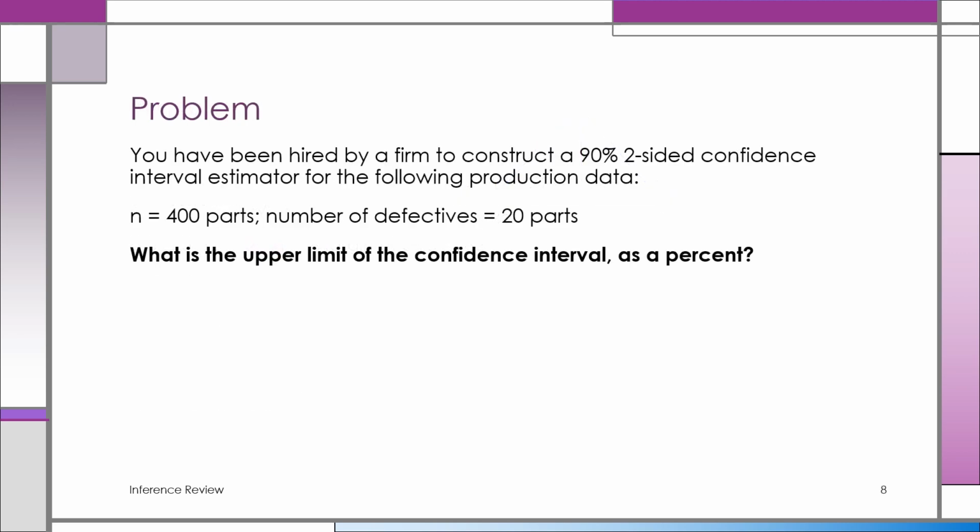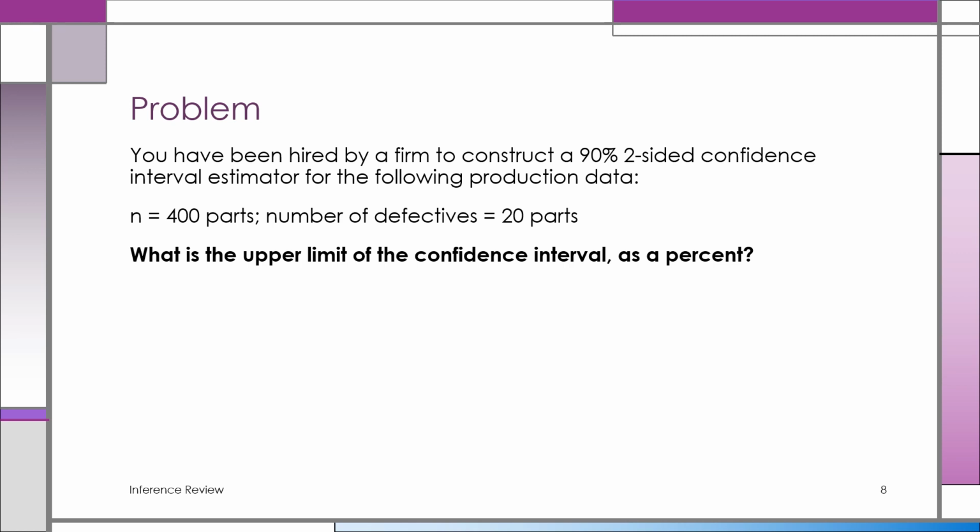All right, you've been hired by a firm to construct a 90% this time, two-sided confidence interval estimator for the following production data. N, the sample size, 400 parts. Out of those 400 parts, the number of defectives was 20 parts.